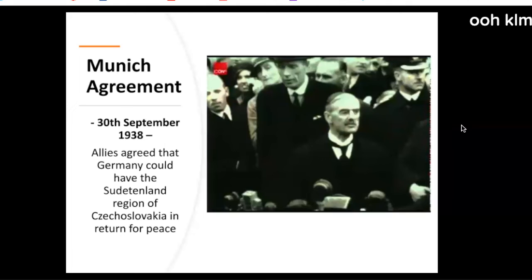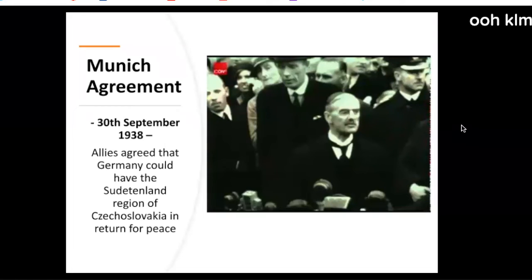Okay, so this is going to lead to the Munich Agreement at the Munich Conference, where a policy of appeasement is going to be followed. What does that mean? Yeah, they're going to give in to Hitler's demands. Has the League of Nations already been doing this since 1933? Yeah, they'll condemn Hitler. They'll say, oh, bad Hitler, but will they ever do anything about it? No. So the same thing's going to happen here with the Munich Agreement.